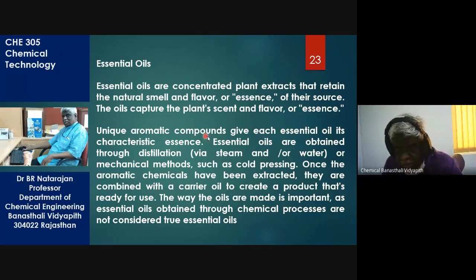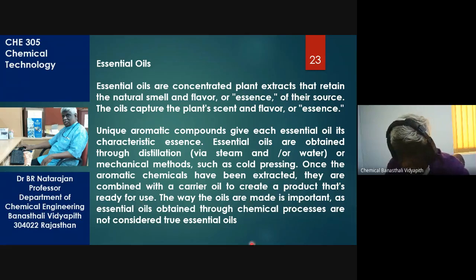Essential oils are obtained through distillation, maybe steam distillation or water, or mechanical methods such as cold processing. Once the aromatic chemicals have been extracted, they are combined with a carrier oil to create a product that is ready for use.